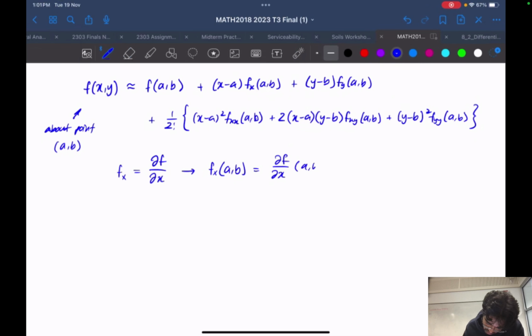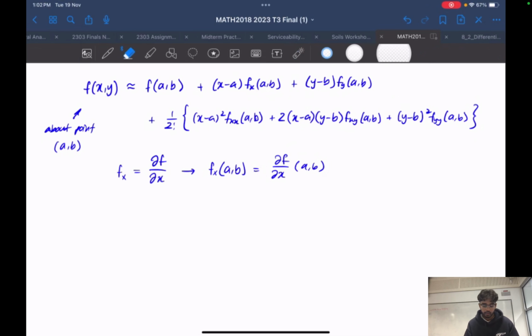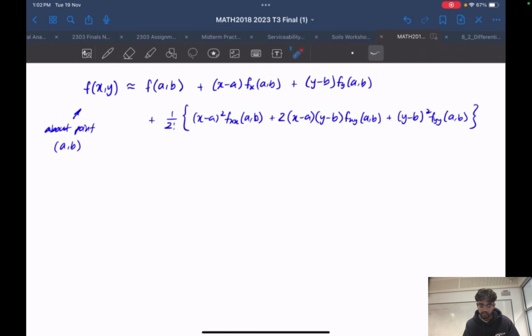I think I've got the notation right. So whatever expression we get after we differentiate, we just sub in (a, b). Okay. And similarly, this is the first derivative with respect to y. This is the second derivative with respect to x. This is the mixed derivative with respect to x and y. And this is the double derivative with respect to y.